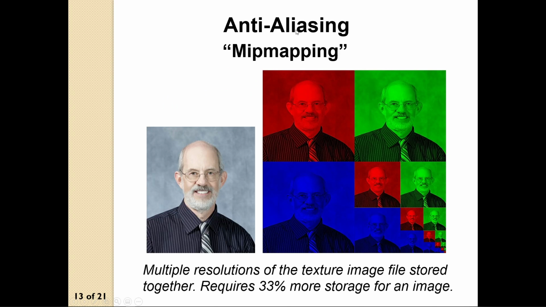So how do you deal with that? How do you make that work out, right? Technically, you have more than enough information in a high-resolution texture. You shouldn't have a problem. All the information is there, right?